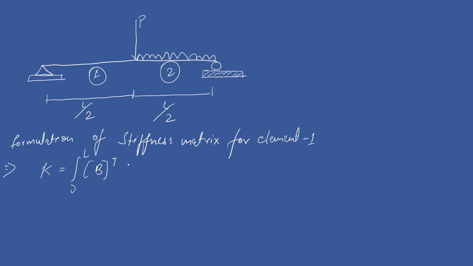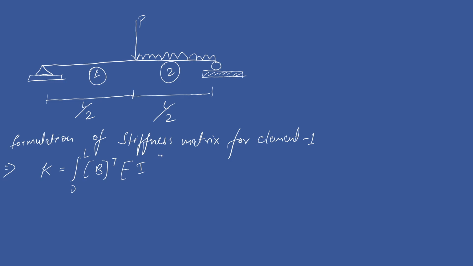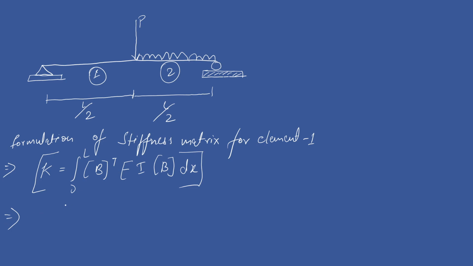That is B transpose EI, and then the B matrix multiplied with it. This particular aspect will give you what the stiffness matrix looks like. So this is your stiffness matrix. This B matrix generally consists of your shape functions.